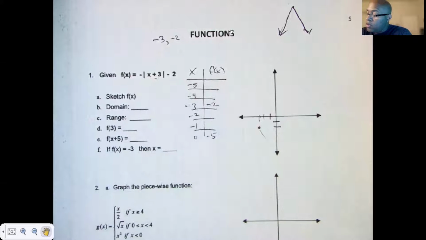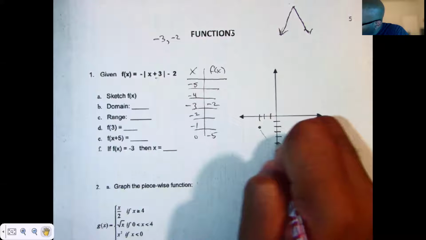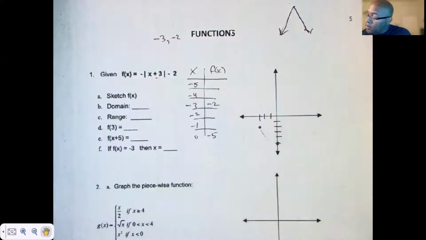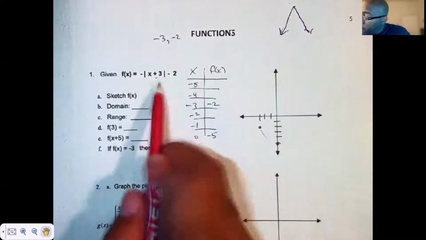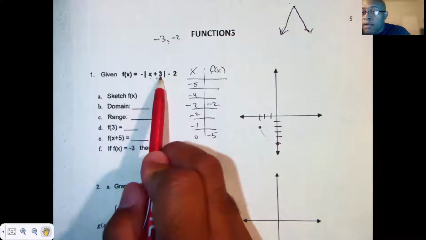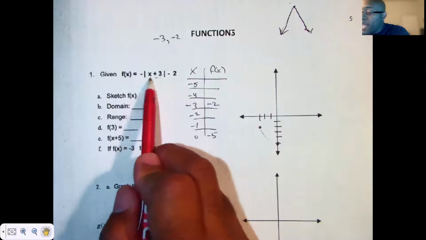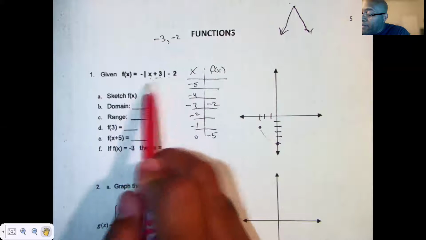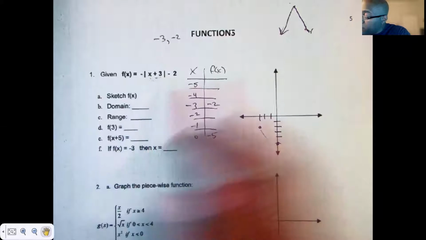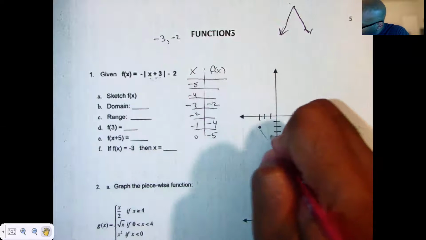So I know that I have a point right here. -1, if I plug it in, -1 plus 3 is 2. The absolute value of 2 is 2. And I have a negative out here, so it's -2 minus 2, which is -4. So there's a point right here.